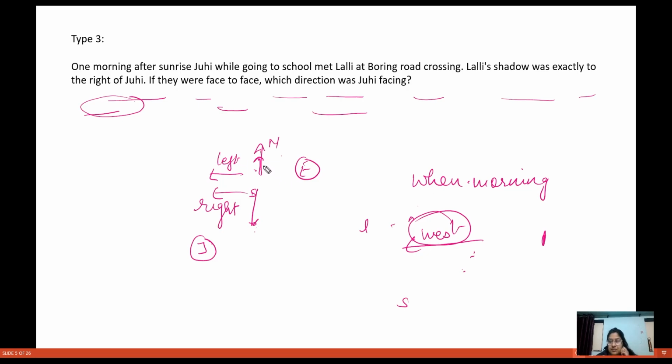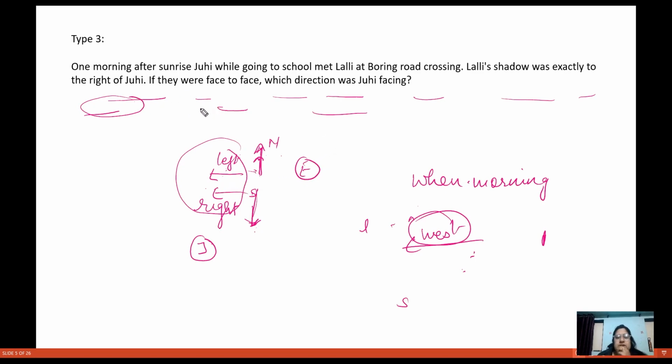But because you are facing in the opposite direction, that makes your shadow appear in the opposite direction. Someone standing facing north will find his shadow here. Someone facing south will find his or her shadow here. So for anyone that is true.